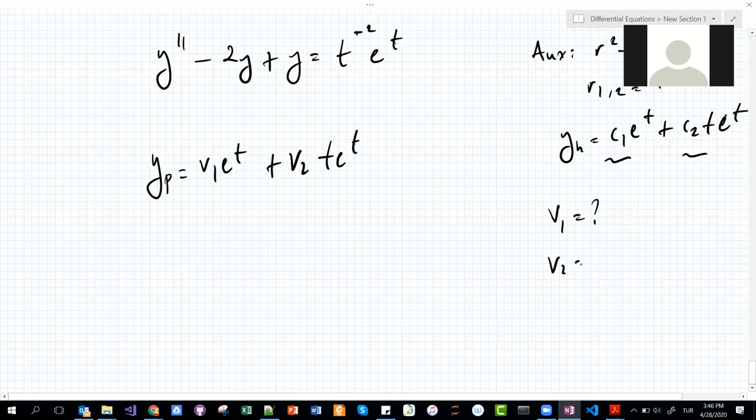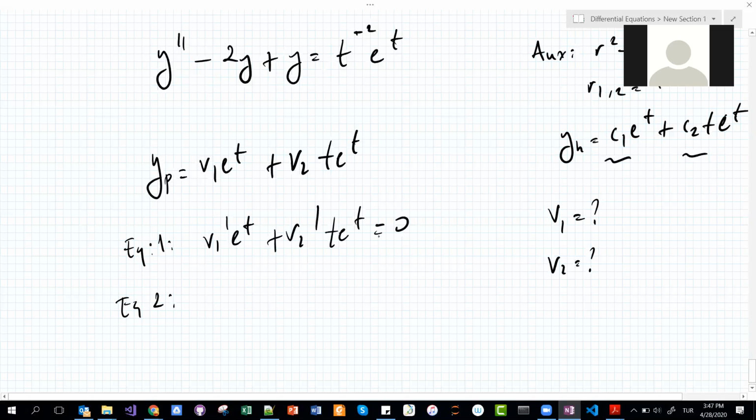That is my purpose. How am I going to do that? I use the two equations from the assumption, if you remember, equation 1 and equation 2. Equation 1 is this one: v1' e^t + v2' t e^t, which should be 0.